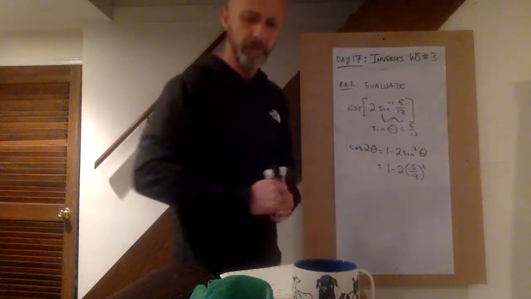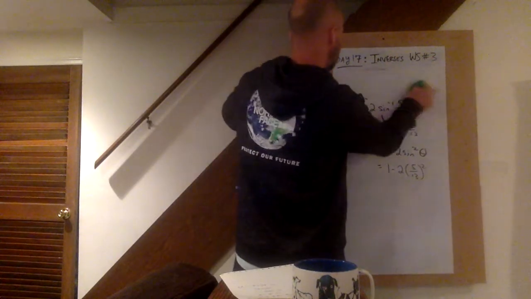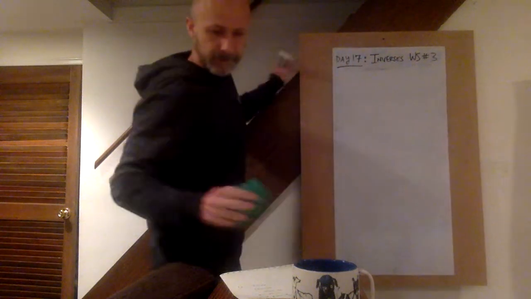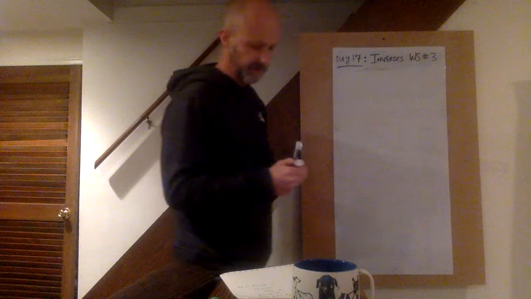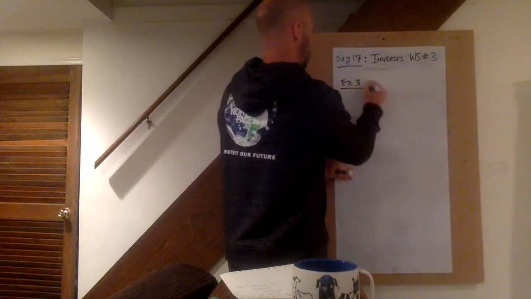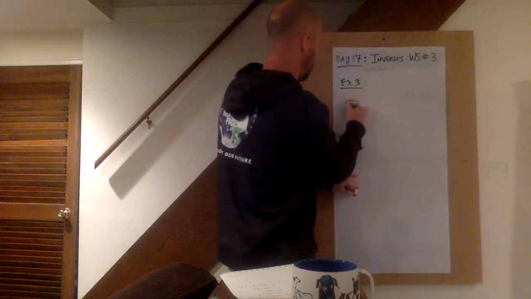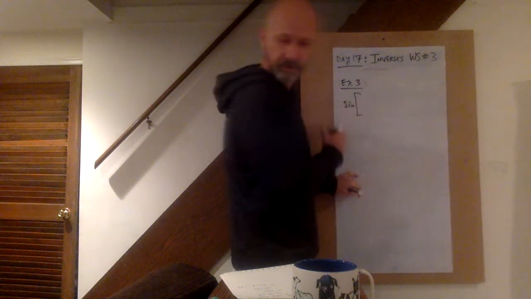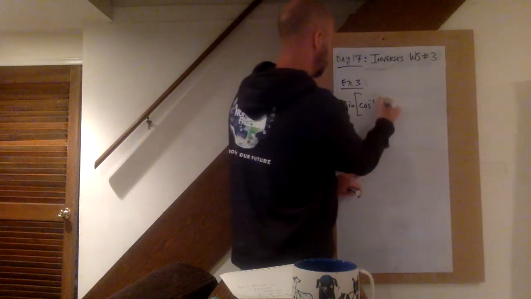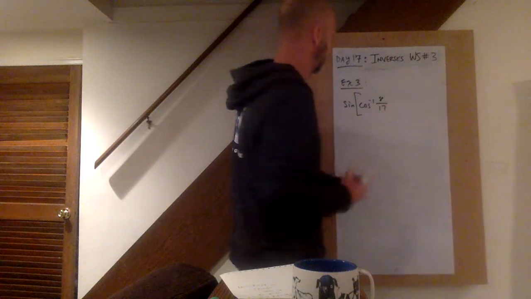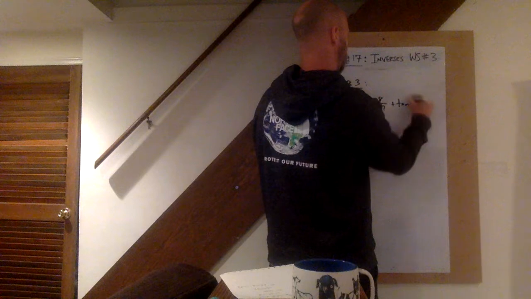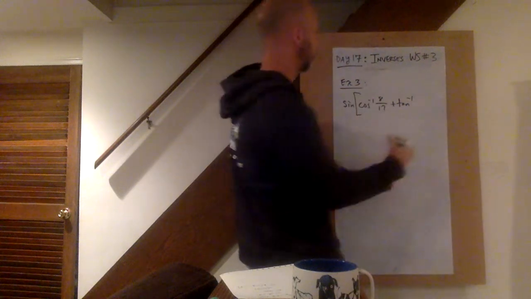All right, let's look at one more. Example 3. Let's make it look really crazy. Say you got sine of cosine inverse of 8/17 plus tan inverse of 12/5.